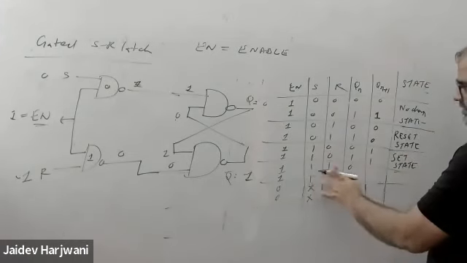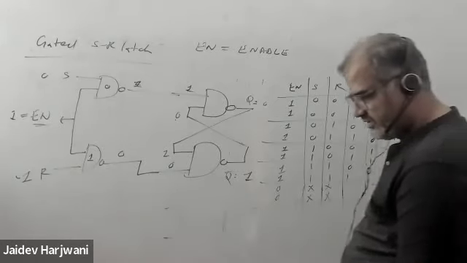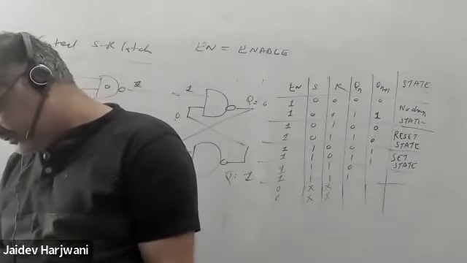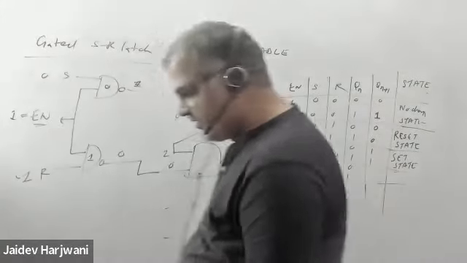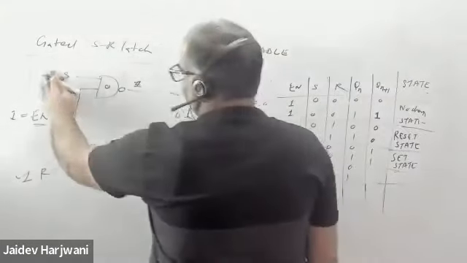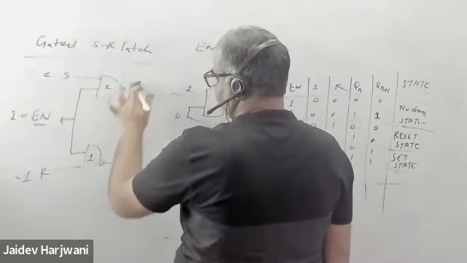Now what is 1 1? If you give 1 1, what will happen? This is also 1, this is also 1. So automatically this becomes 1, this becomes 0.